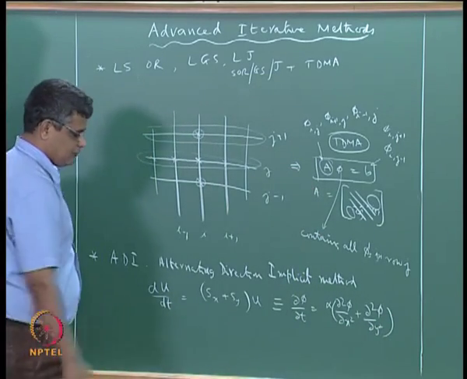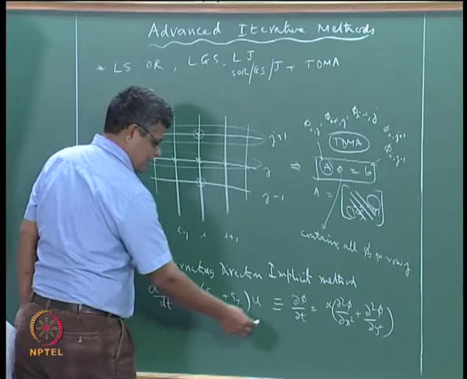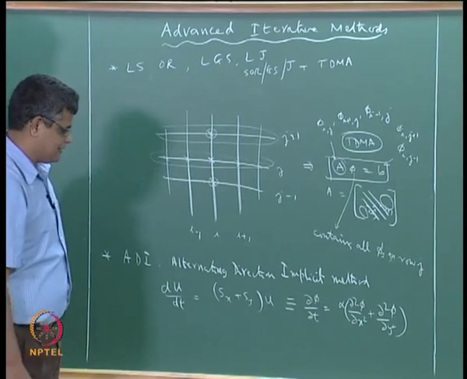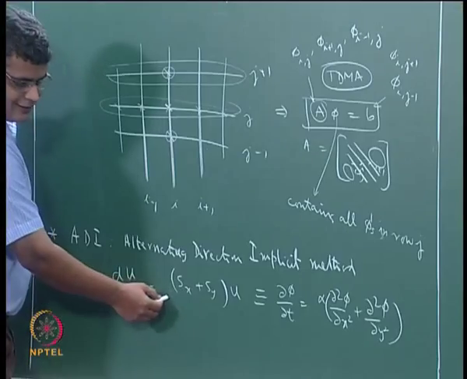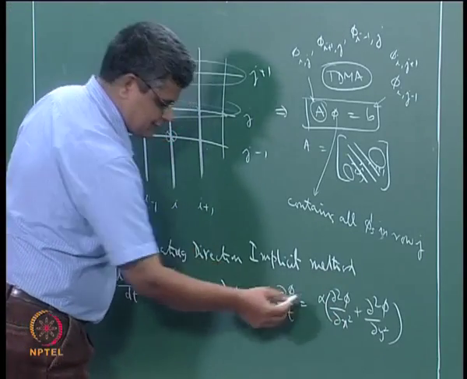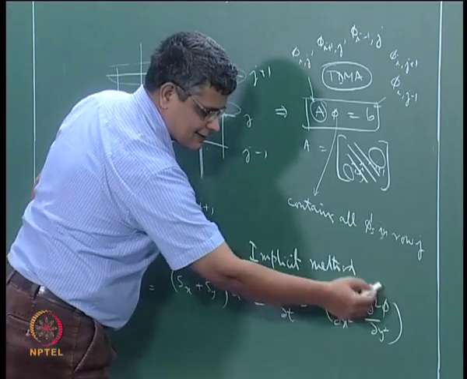Okay. So this is the equation, and we are writing it in a symbolic way by saying that Sx here is the discretized operator for this, and Sy is the discretized operator for this.